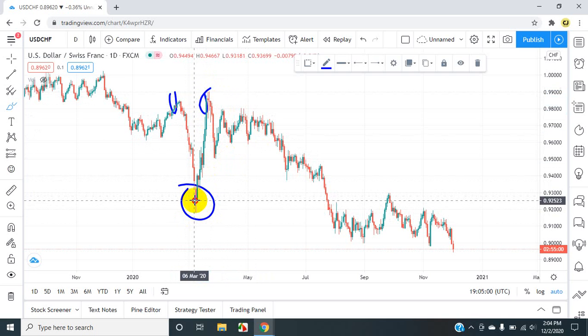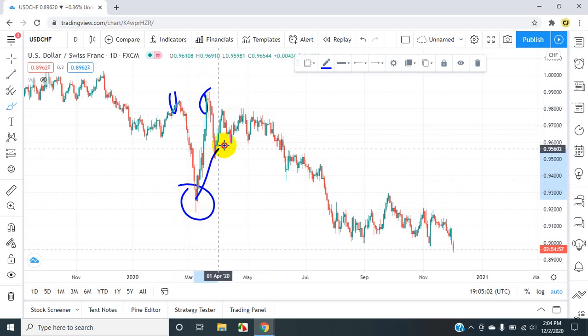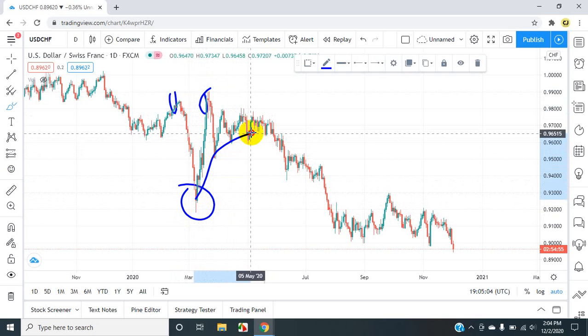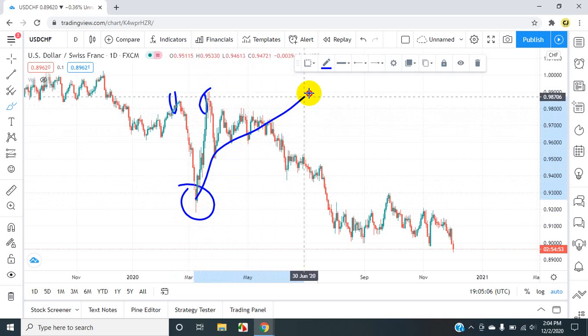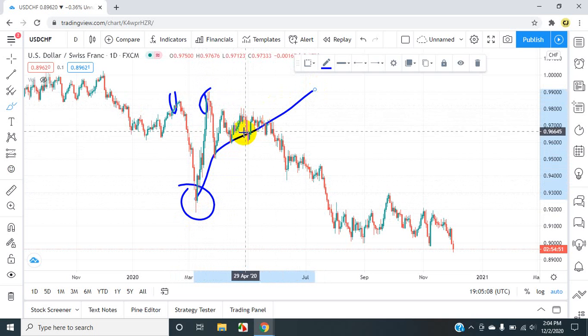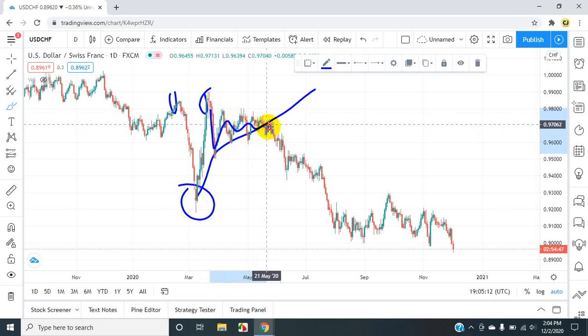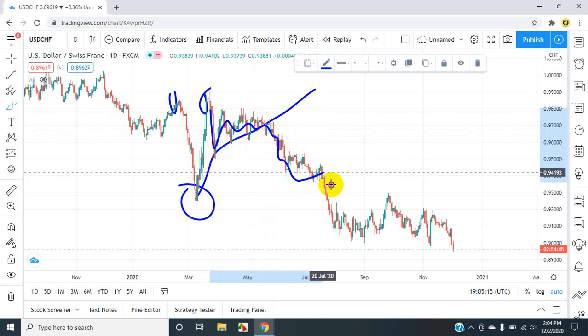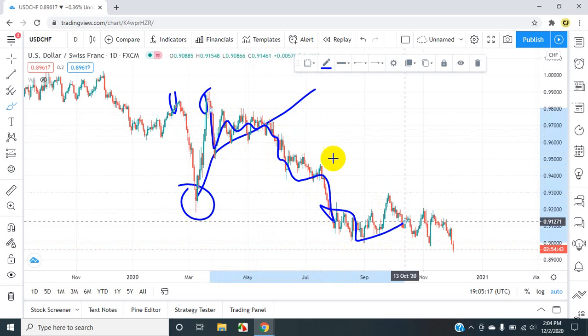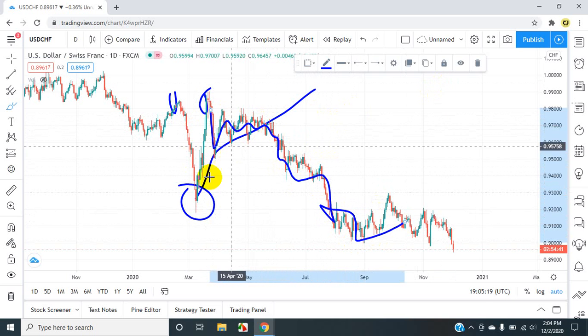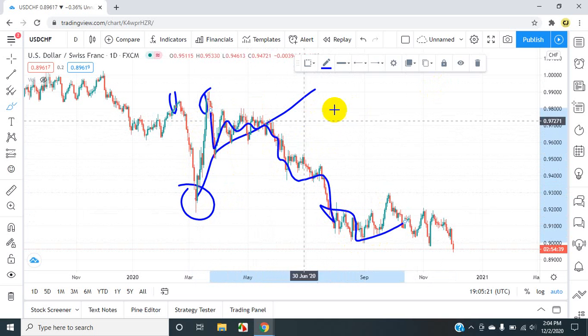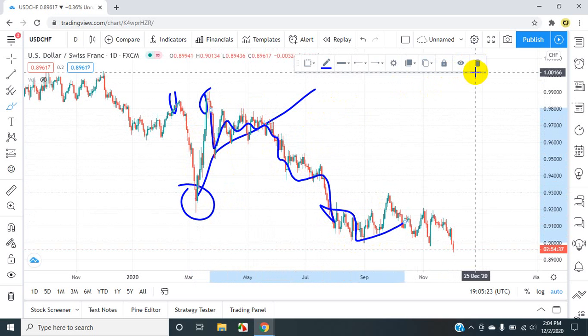If you connect this to this to this to this, it was supposed to go up higher, but it didn't. The market ended up going through here, breaking down and going further down. So for this trade, in this area here, I probably would have been looking for the market to go up, but it didn't.